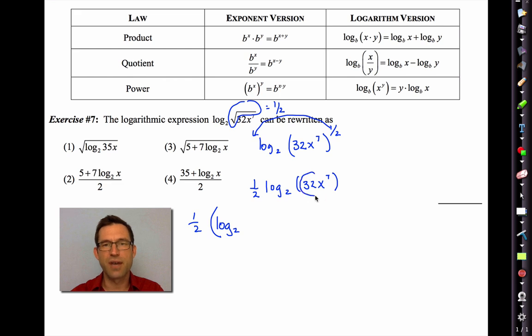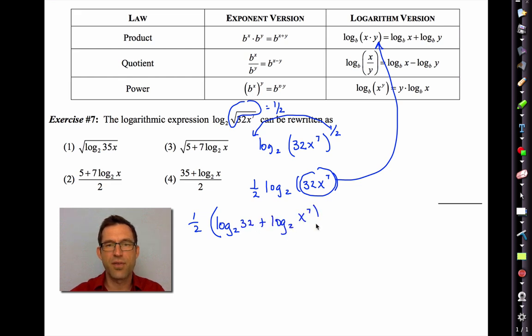Now the structure inside of here gets me to a product, right? I have the log base 2 of 32 plus the log base 2 of x to the 7th. Keep that 1/2. Log base 2 of 32, I can do something with that. That's 5. 2 to the 5th is 32. Here, I can pull that 7 out, plus 7 times log base 2 of x.